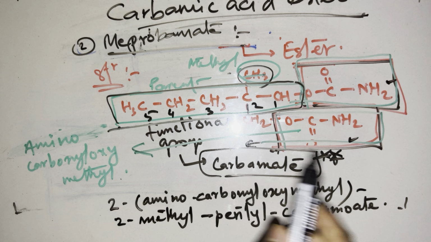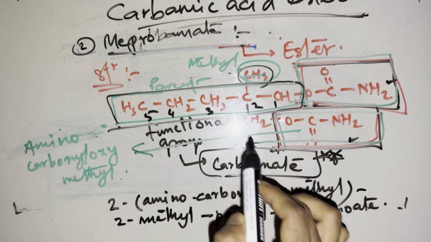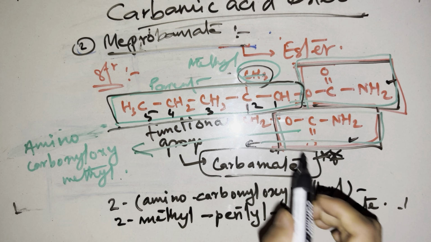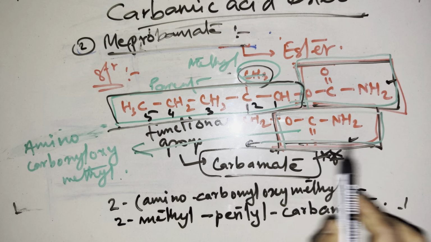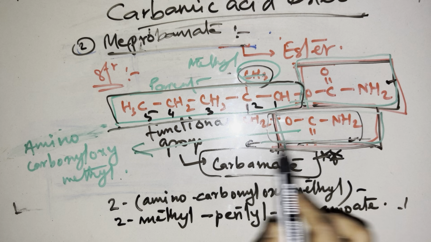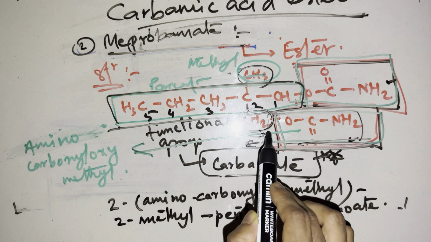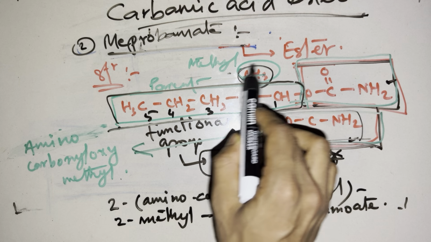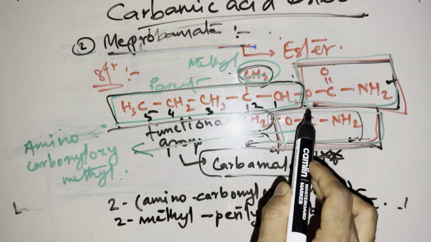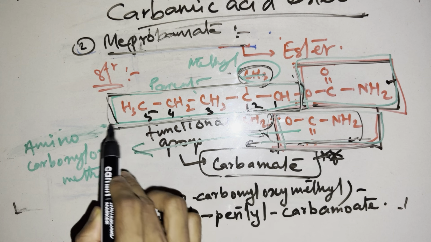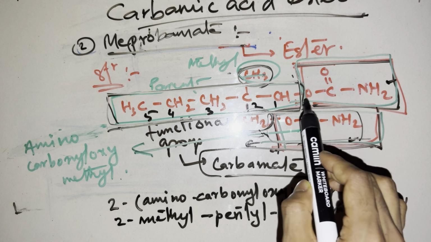See, 2 at second position this one. So 2 amino carbonyl oxymethyl. Next at second position 2 methyl pentyl, then carbamate.